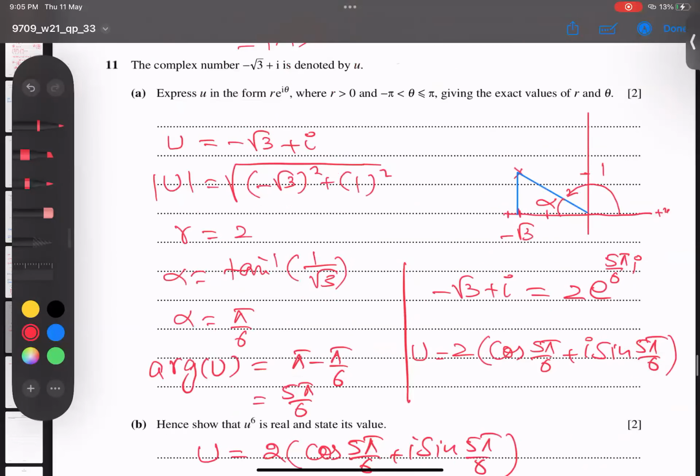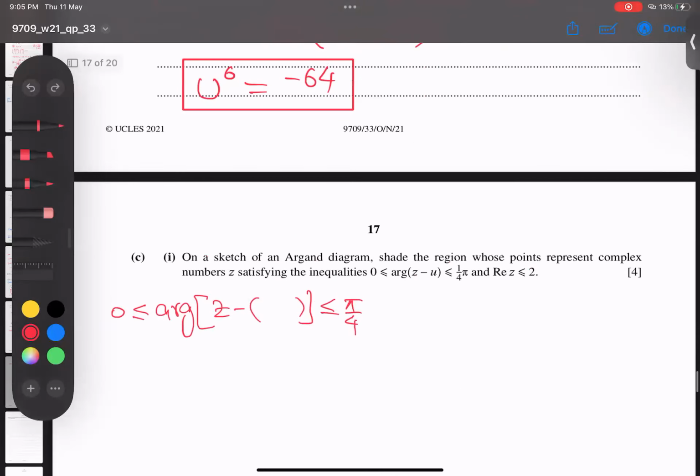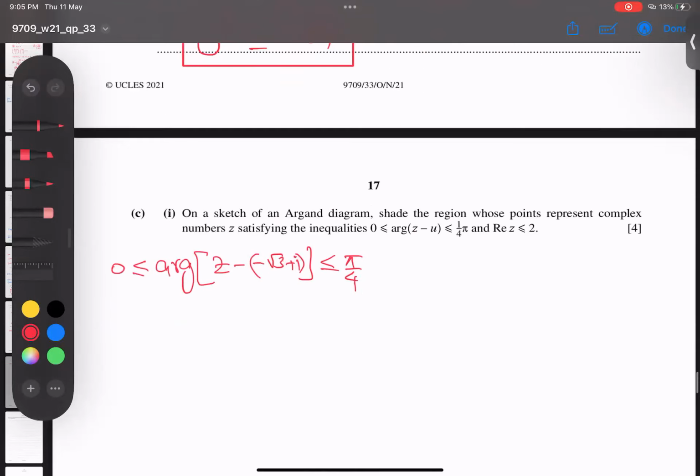u is what we have, minus √3 plus i. Again, I repeat, minus √3 plus i. This is for your knowledge: when our argument comes, it's called a ray.